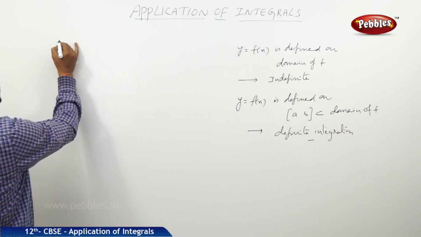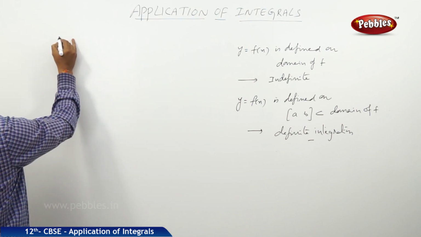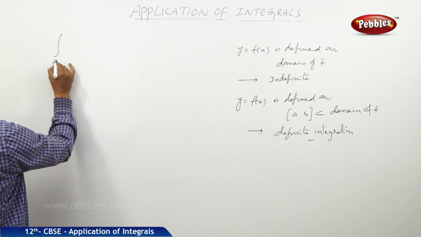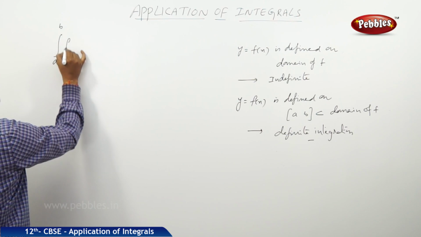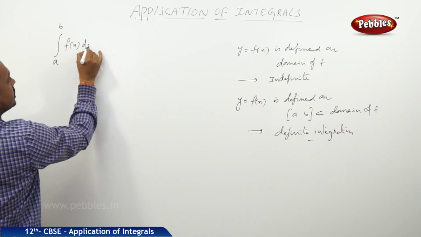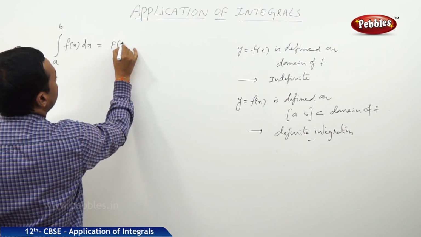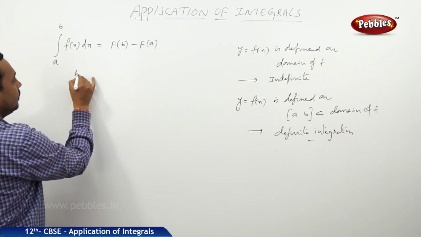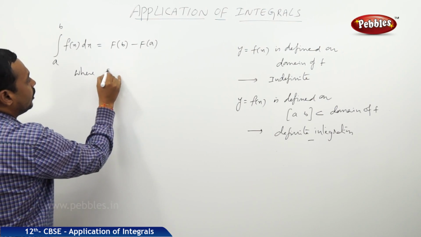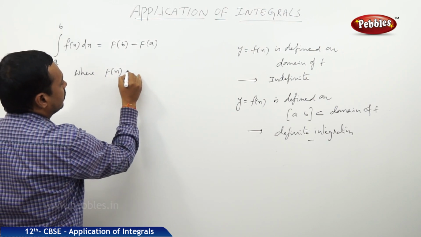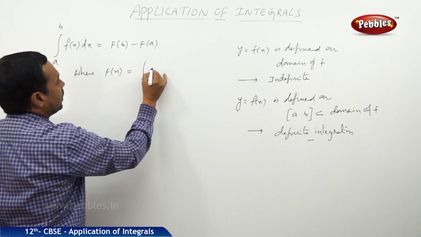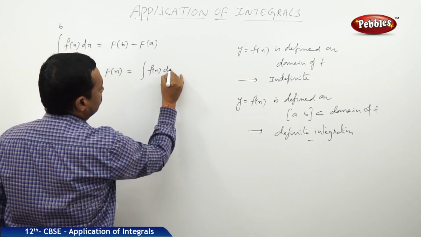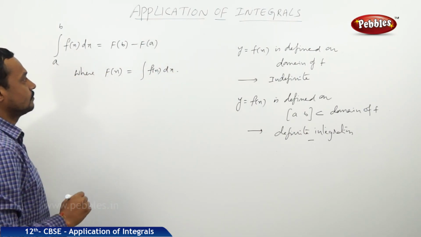And the definite integration of the function y is equal to f of x is defined as integral a to b f of x dx is equal to F of b minus F of a, where F of x is the integration of the function f of x with dx.